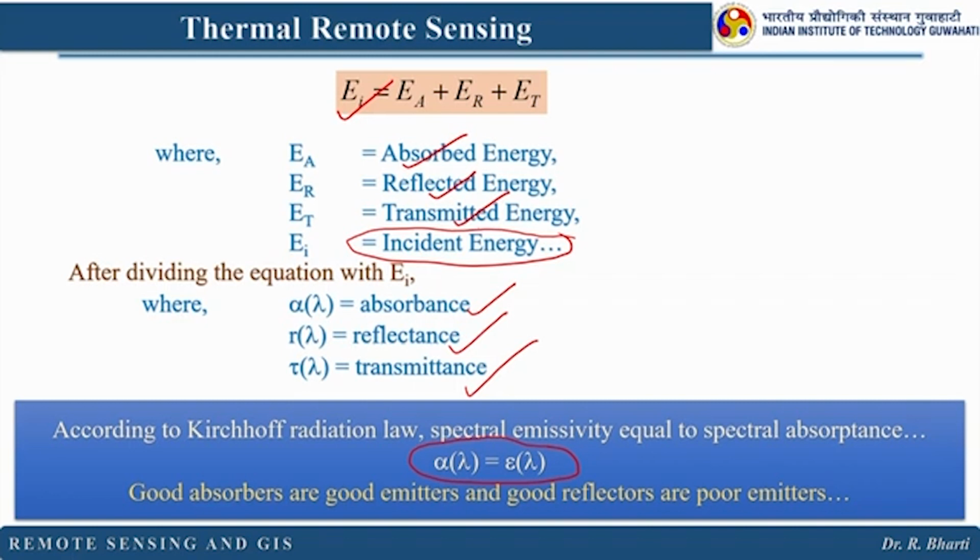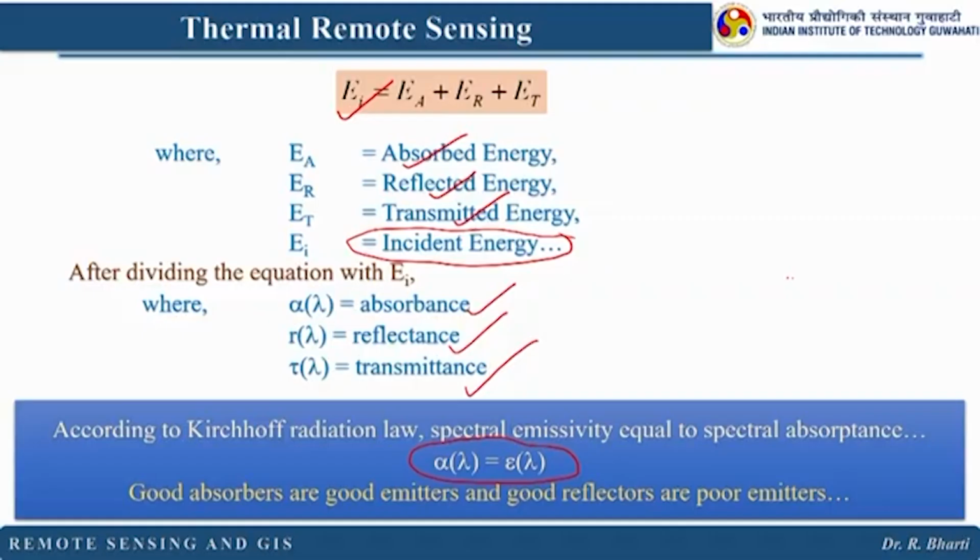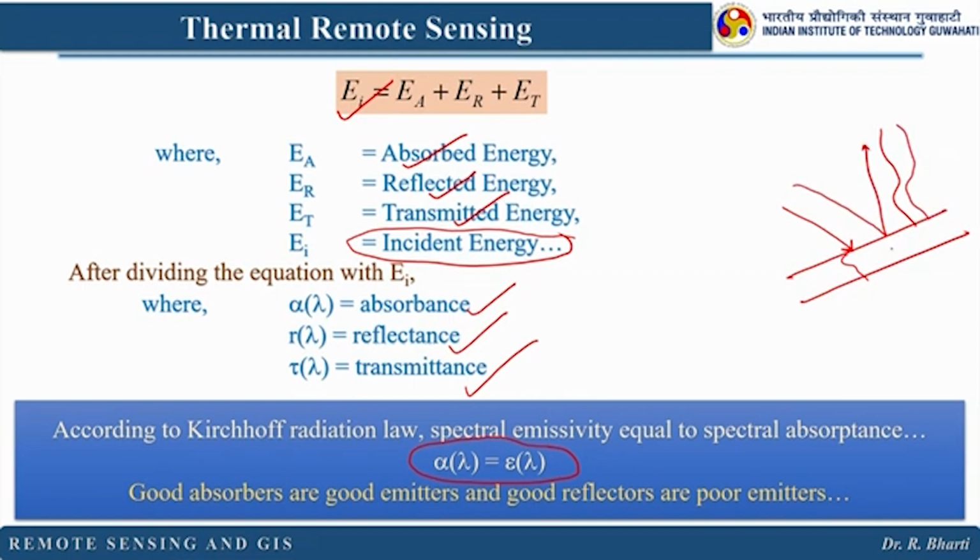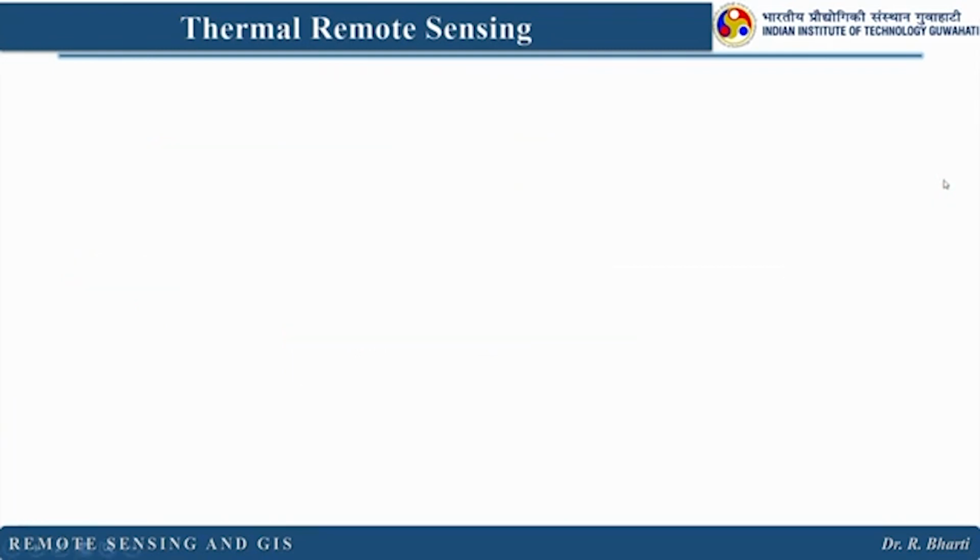I have already explained this in black body. So if you have a very good absorber which is absorbing all the incoming radiation, that means it will be a very good emitter. If the target is a very good reflector, then there will be no absorption, so absorptance will become 0 and reflectance will be maximum, right?